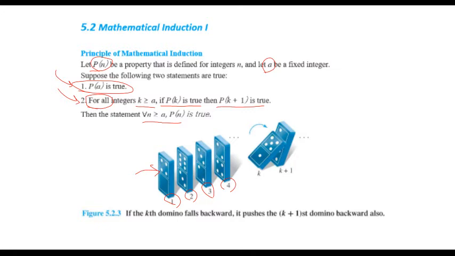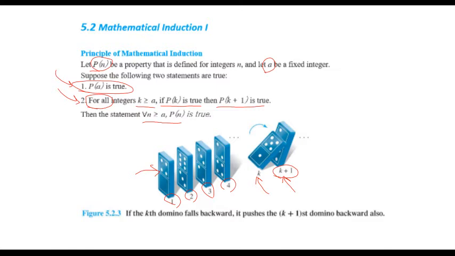And the second assumption that we have is if a domino falls backward, it pushes the next domino backward too, right? So for example, if we have a k domino right here, k plus 1 is the next domino that we have. If k falls backward, it pushes the domino number k plus 1 backward too, right?